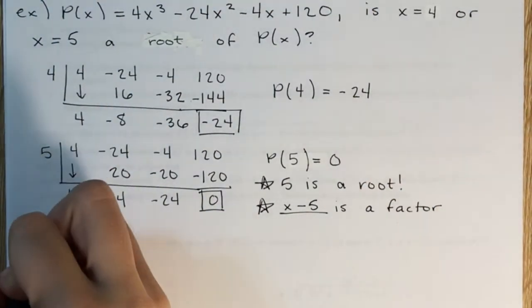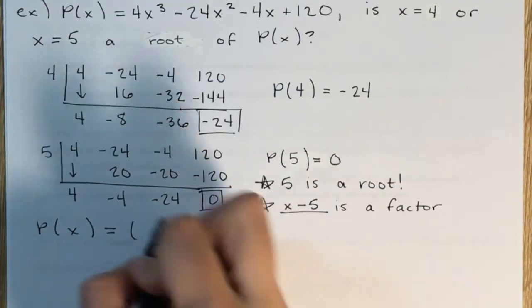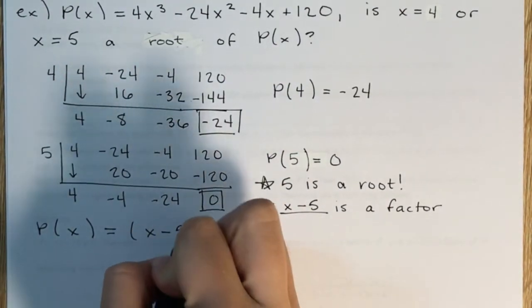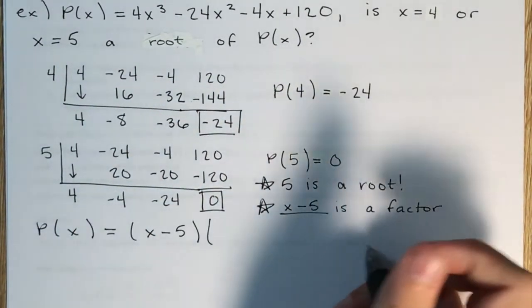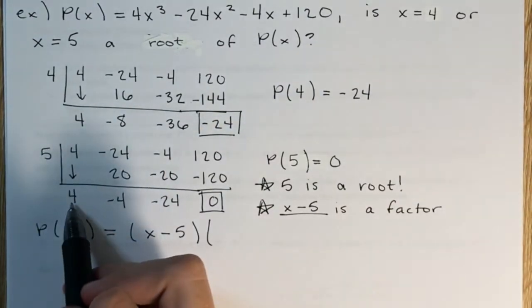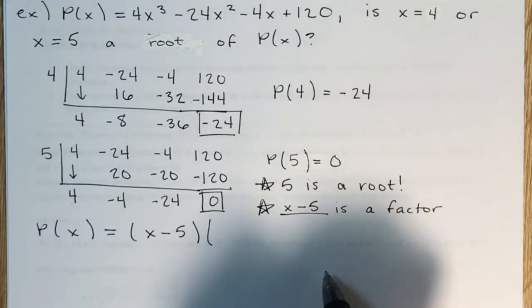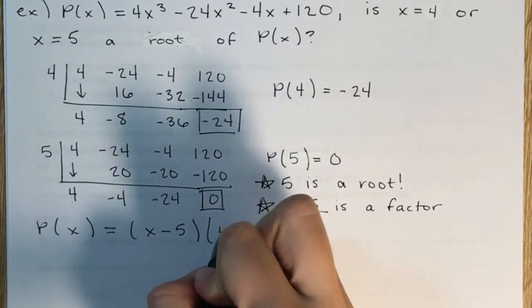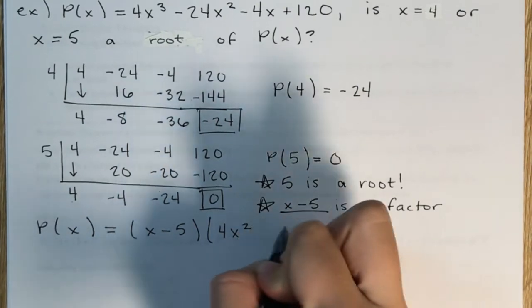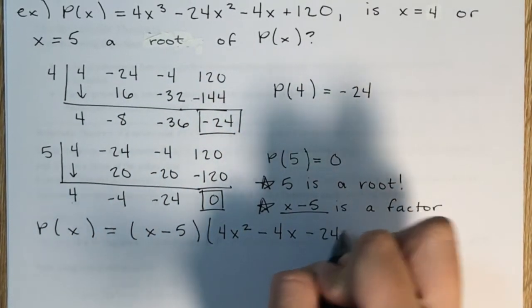So that means we can write p of x as x minus 5 times the quotient, which is what? Well, remember we find that from our coefficients, right? These numbers that were also underneath the line here. This is going to give us 4x squared minus 4x minus 24.